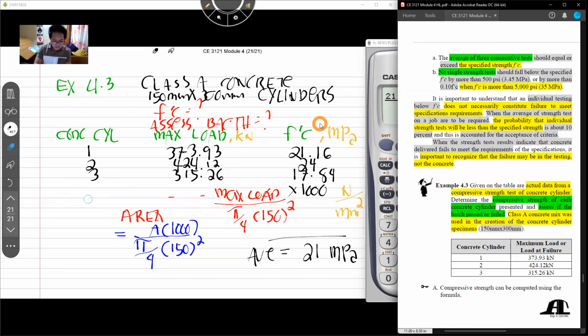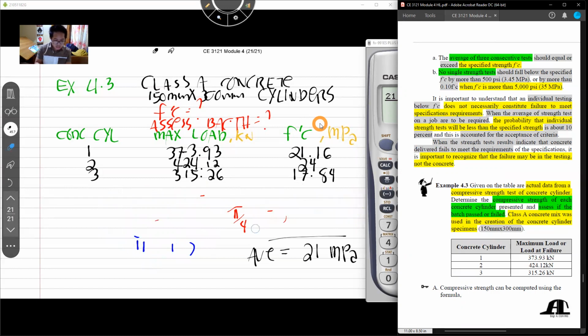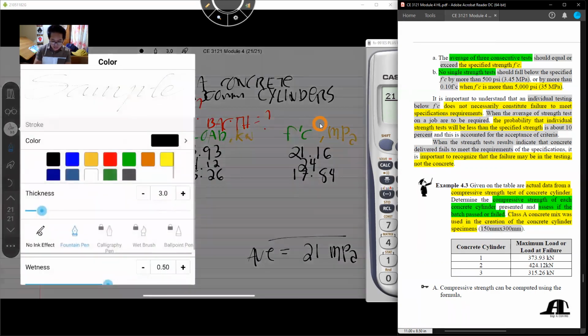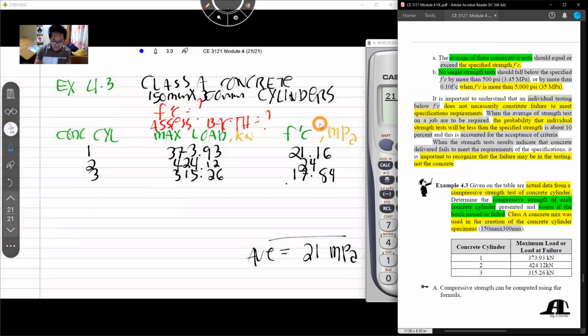Tapos, ilagay ko na lang sa baba, class, yung average. Again, class, 21 MPa. Ito class yung average of the 3. Okay.